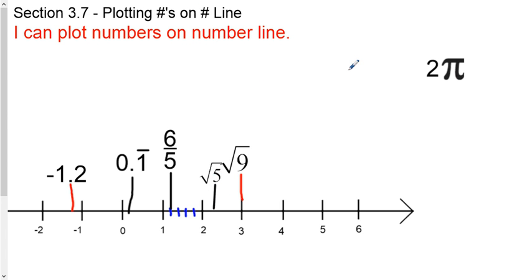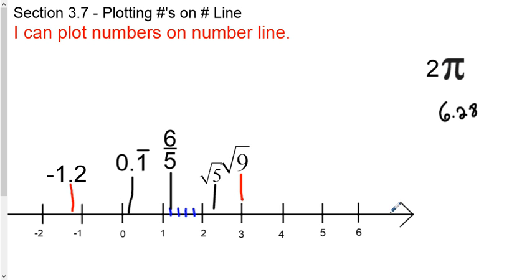And now this is the same as 2 times pi. We already took a look at the fact that that would be pretty much 6.28. So if here was 7, 6.28 would probably be right about here. So let's go ahead and move 2 pi over here and then just draw a line and put it right there.